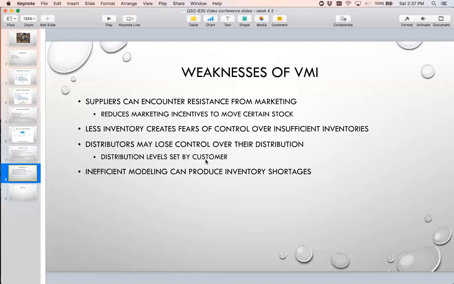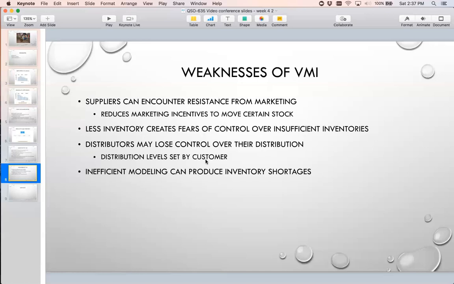Well, the distributors reacted negatively because they said, hey, look, we pay for shelf space. And if you're shrinking our shelf space, that means that we're less competitive, without thinking that everyone else had less shelf space also. So it takes a new mindset to go through VMI.